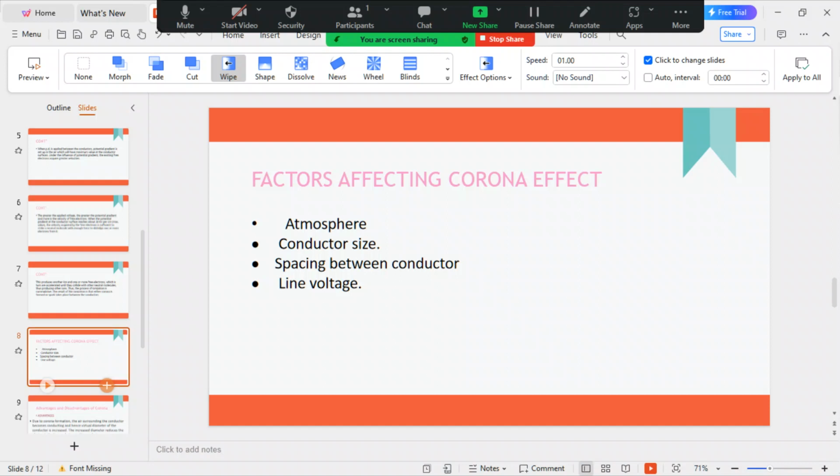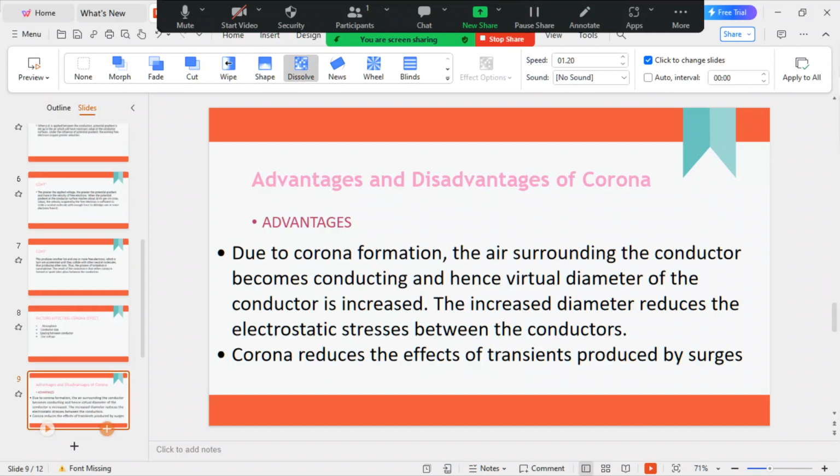The conductor size: as we have discussed above, the bigger the conductor size in terms of cross-sectional area, the greater the potential gradient, hence increasing the velocity of the free electrons. The spacing between the conductors: this one we shall do some calculation on as we go ahead, looking at the corona effect. And of course the line voltage. You were given an example of 30 kilovolts and the effect it has.